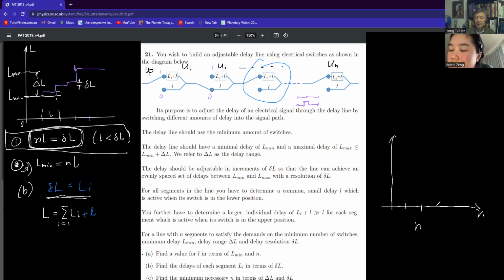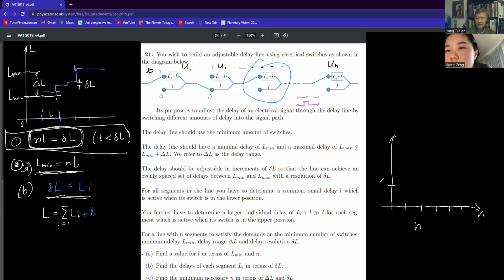So how can we know there's a minimum n here? Can we just work out the minimum delay? This is the first equation. The minimum will equal to that.